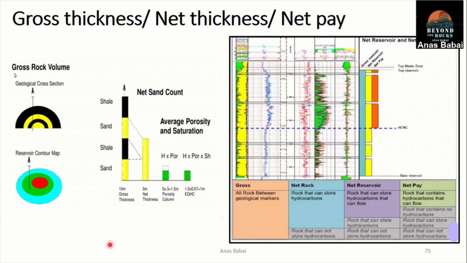Now this is what I've described earlier, the moving from the gross reservoir to the net pay. And as I said earlier, we are not interested in the entire borehole thickness. We only consider specific zones that are characterized by permeable and porous formation that can contain hydrocarbon.